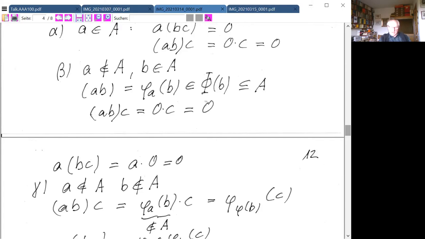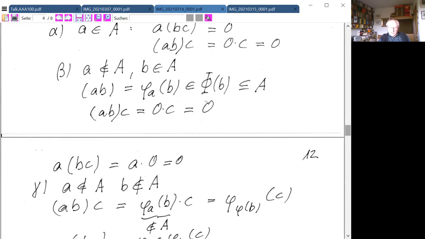This is in the orbit of b, but this must be contained in A. So (ab)c must be 0 times c. This is again 0, what we have already. On the other hand, if a times bc, bc is 0, so a times 0 is 0.